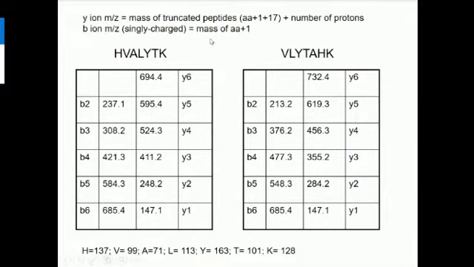So the B2 fragment, which is cleavage between the second and third amino acid residues, okay, you can see that you get different masses and so on. So you would be able to tell these two apart if you did the sequence tagging experiment. Okay, does that make sense? Yes? Okay.